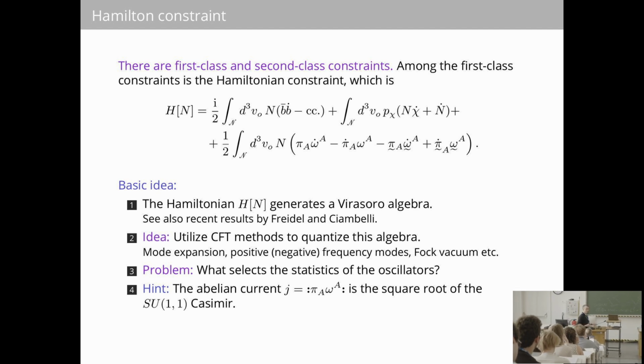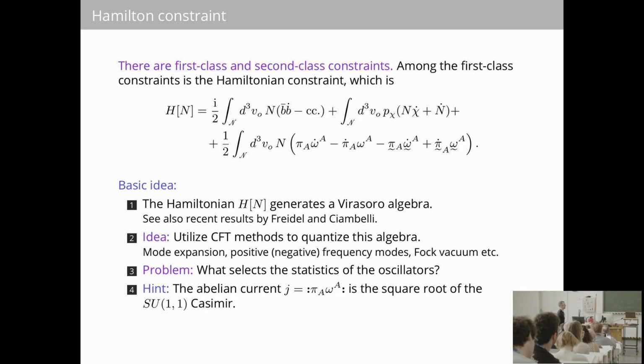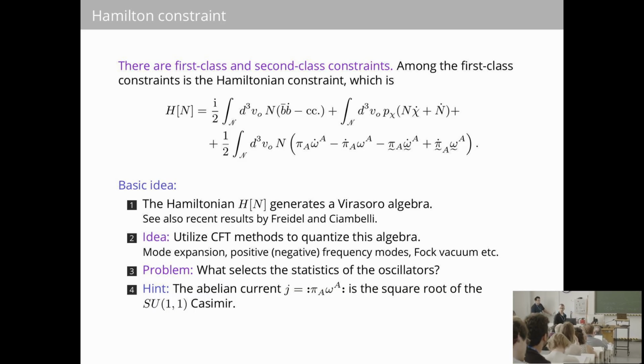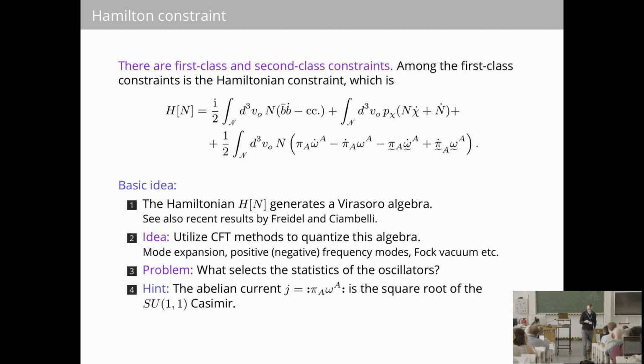So at this point, we don't know what the fundamental statistics for this is. But there is a hint. One of the observables that we have in this CFT is just an abelian current, sort of a number operator. And this abelian current is related to the SU(1,1) Casimir.